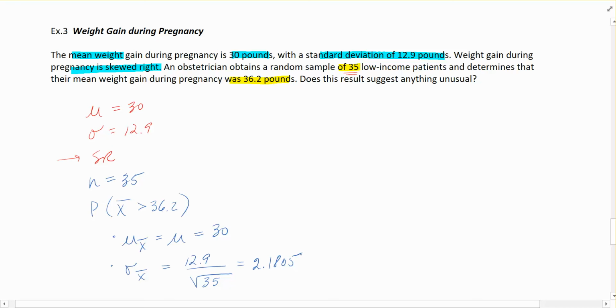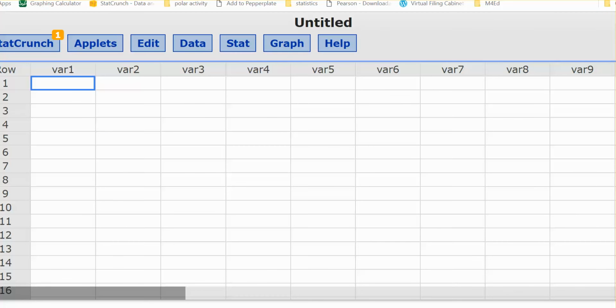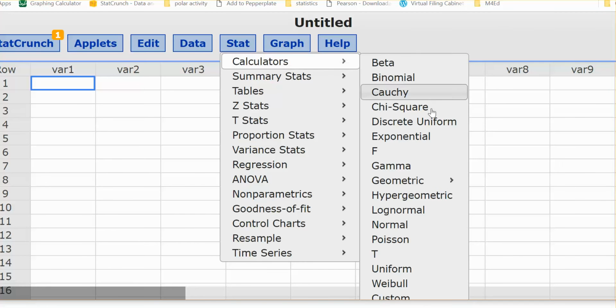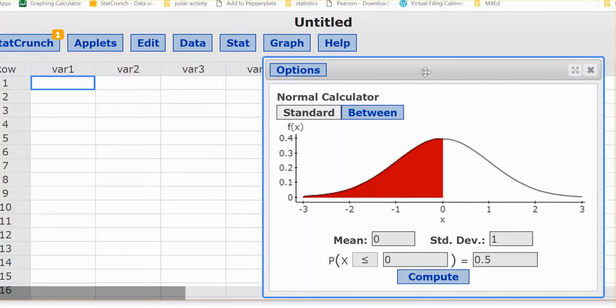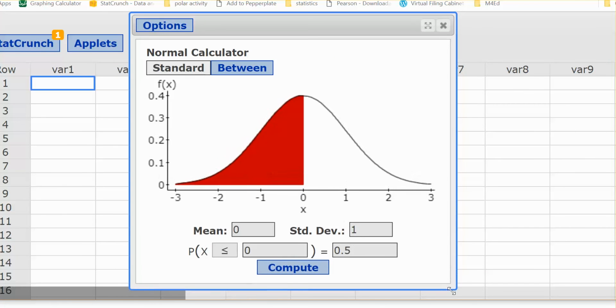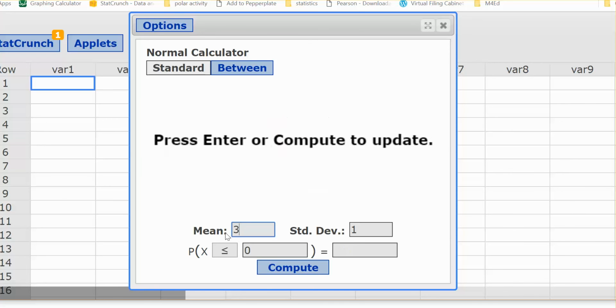Let's use those values and plug them into the normal calculator. Remember that in StatCrunch, to use the normal calculator, we go to Stat, Calculators, Normal. The mean I'm interested in is 30, because the mean of the sample is the same as the mean of the population.